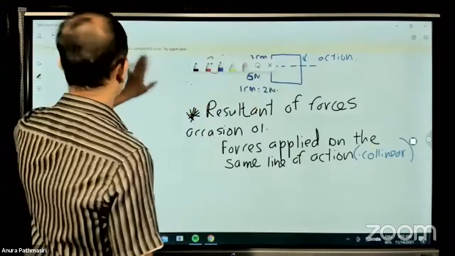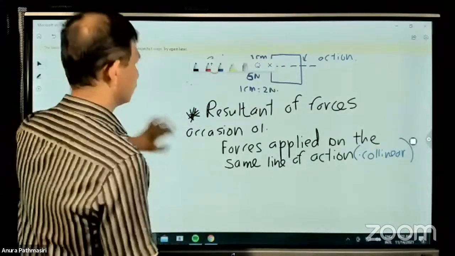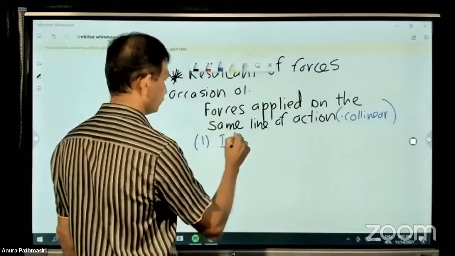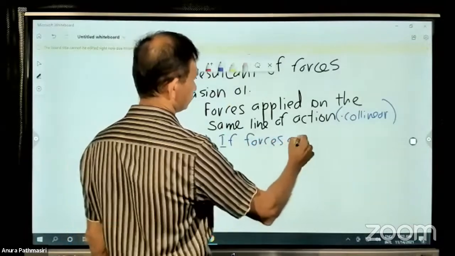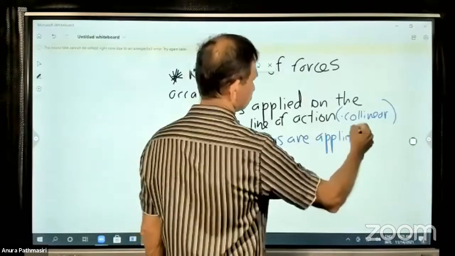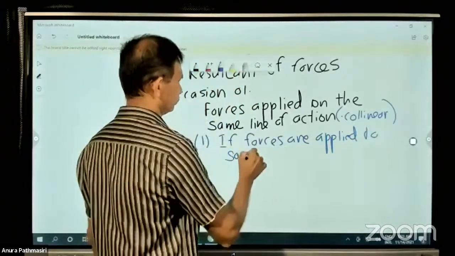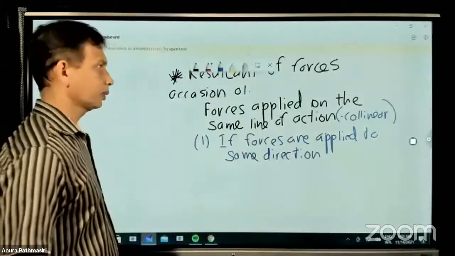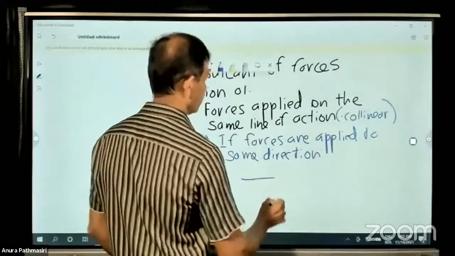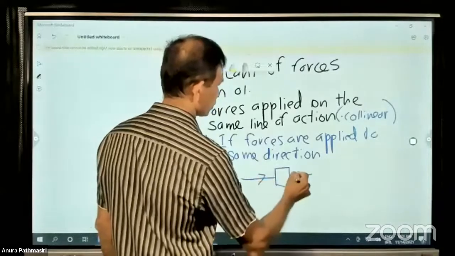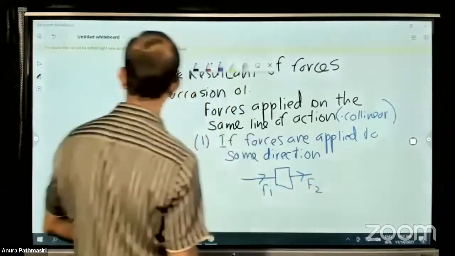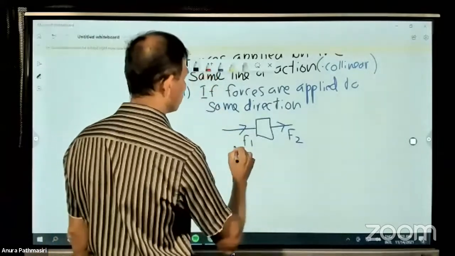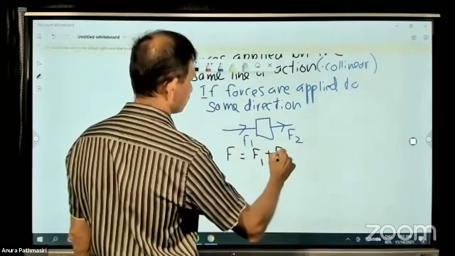That can be calculated in this way. One, if forces are applied to the same direction, like this, F1 and F2, then the resultant F will be F1 plus F2.